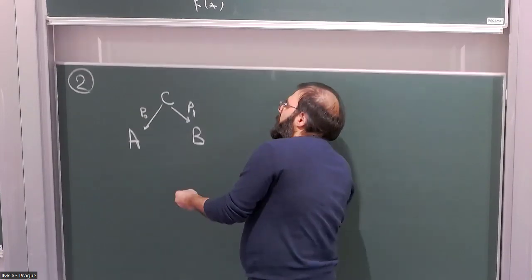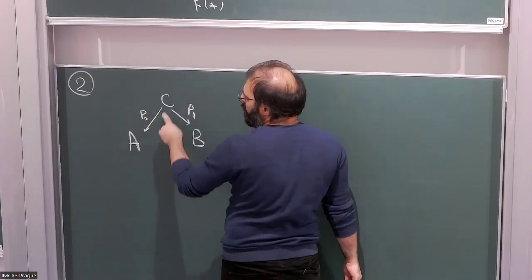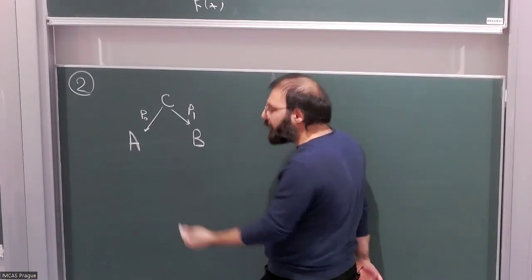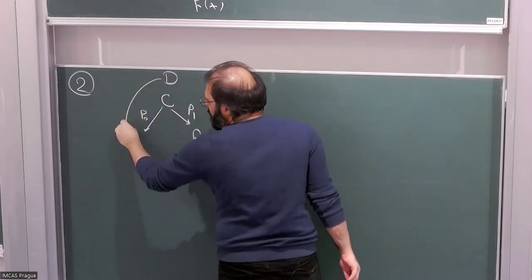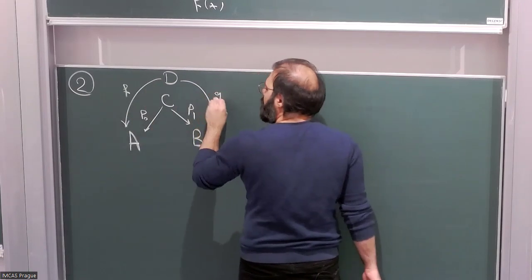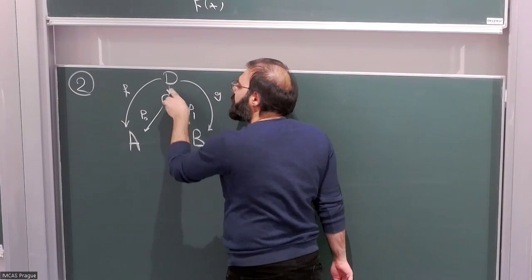Meaning that you want to say that this guy, together with the projections, is actually the Cartesian product if for any other D such that you have two functions to A and B, you can construct the pairing function here.